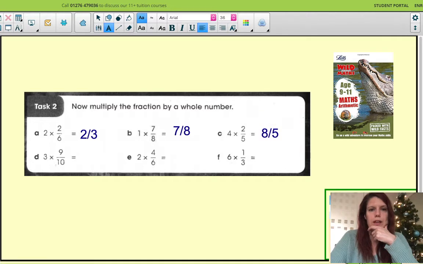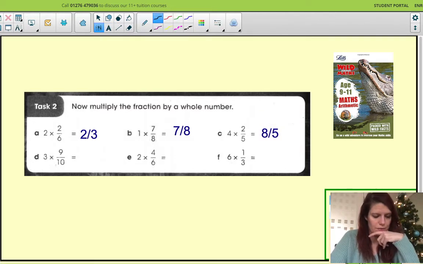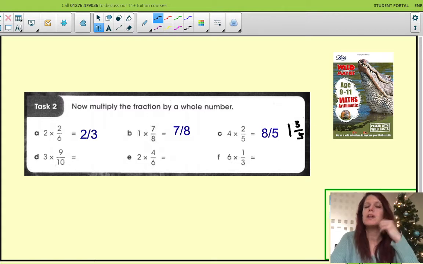That would be 1 and 3 fifths, because of course 5 fifths make a whole, and then we would have 3 left over from 5 to 8. So 8 fifths is an improper fraction where the numerator is bigger than the denominator. Turning into a mixed number, you have 1 and 3 fifths. It's the same value, just represented in a different way.